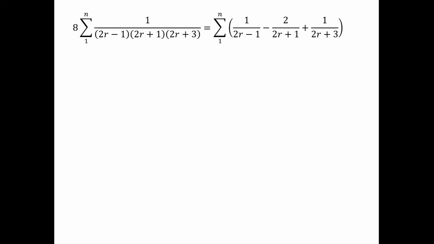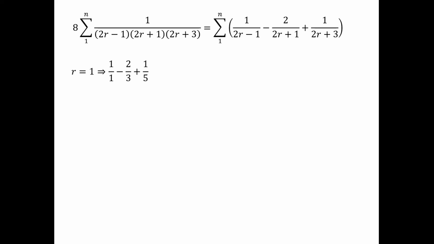So my partial fractions look like that, with r's in, because I'm going to use r's now, not n's. And I'm summing it to the first n terms of both sides. And really what I'm going to do is work out 8 lots of it, so I'll end up dividing by 8 at the end.